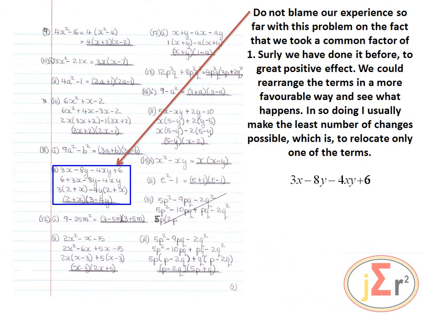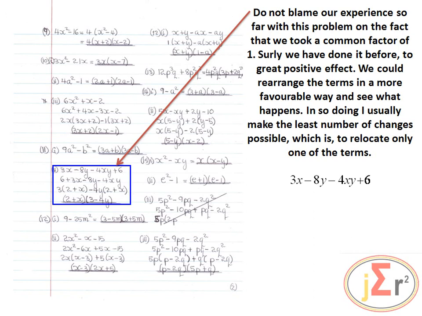Do not blame our experience so far with this problem on the fact that we took a common factor of 1. So it is not because we took a common factor of 1 why we got to a dead end. Surely we have done it before, so we have taken a common factor of 1 before and we did not encounter such difficulties.